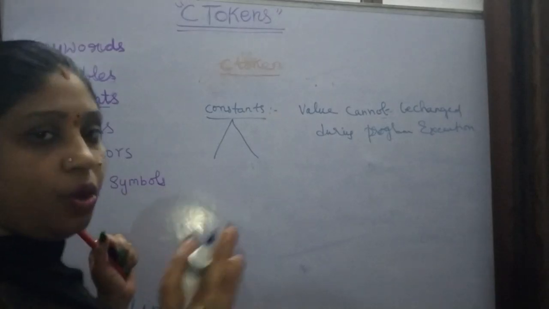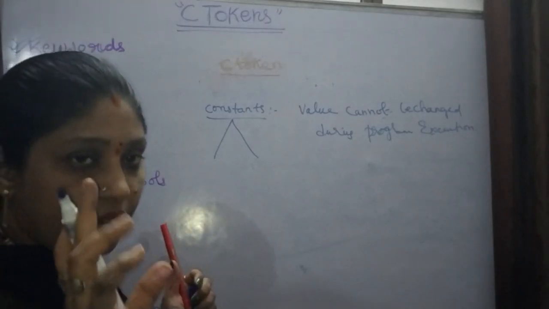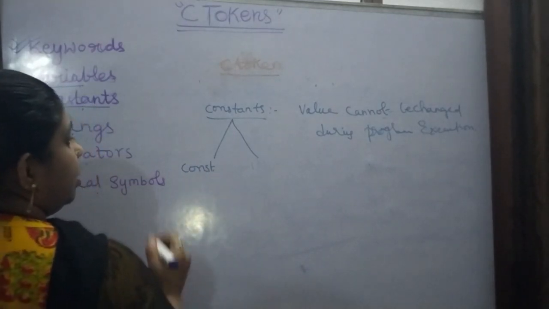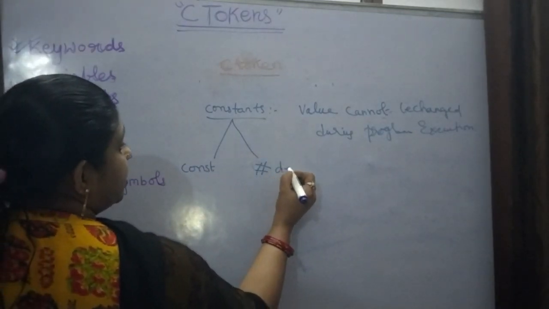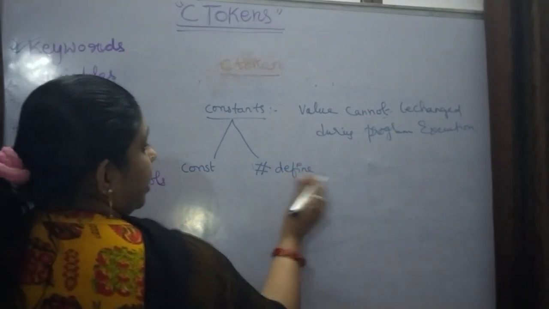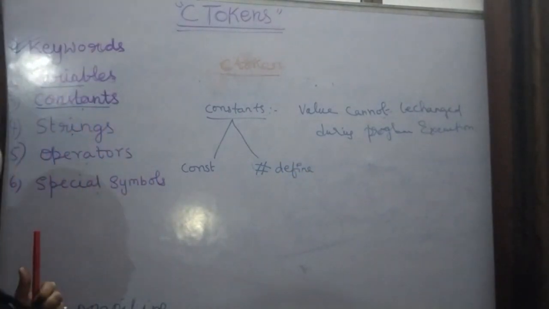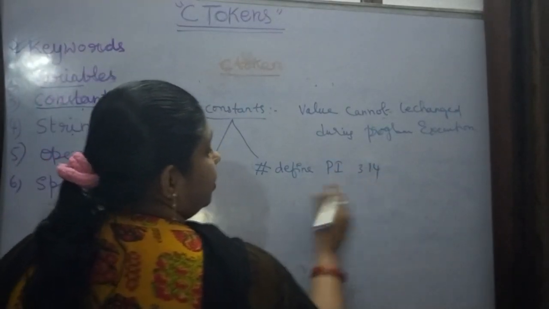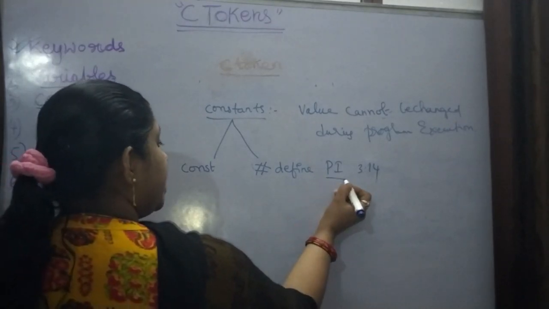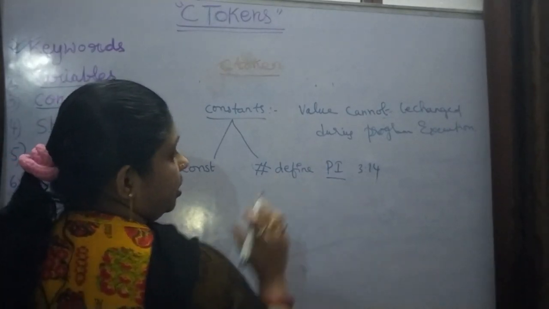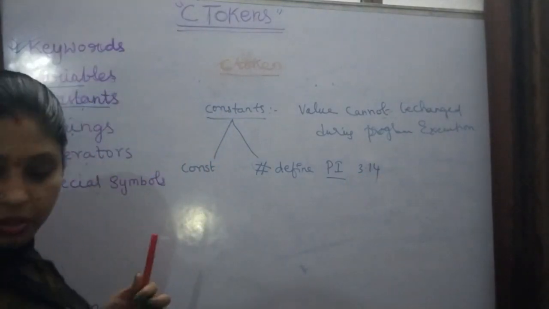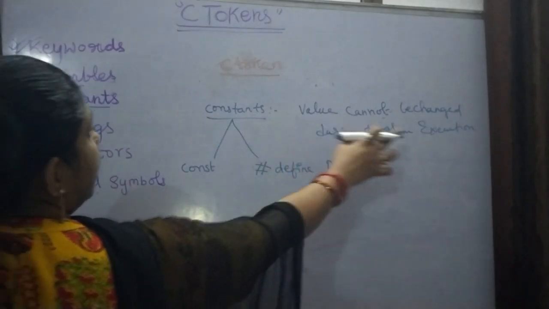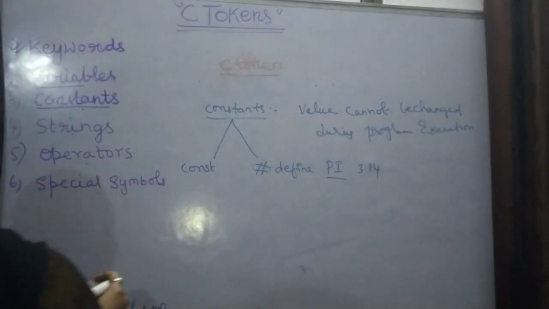How can you declare the constants? Declaration of the constants can be done in two ways. One is you can write like this, or even you can go with this, and you can write whatever value you want. For example, pi 3.1. If you write like this, pi is the declared constant with this value. Constant is a value that cannot be changed during the program execution.